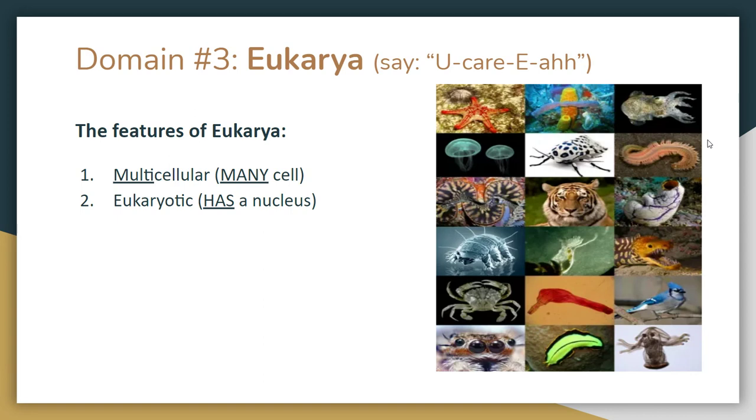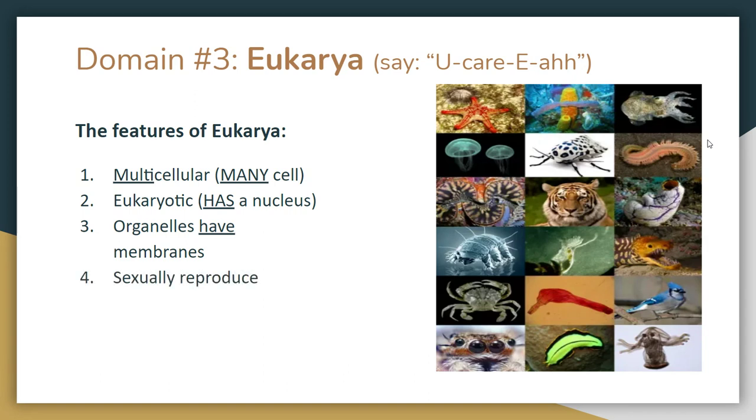So it's not just DNA hanging out willy-nilly. It has to be in the nucleus packed tight. They also have membrane-bound organelles. Okay? So they have the organelles that when we did the cell unit and we looked at the different types of organelles like the endoplasmic reticulum, like the mitochondria, all those things, that's what these different organisms have.